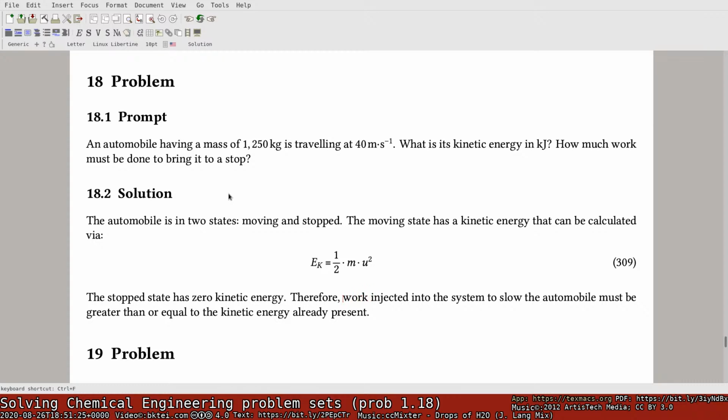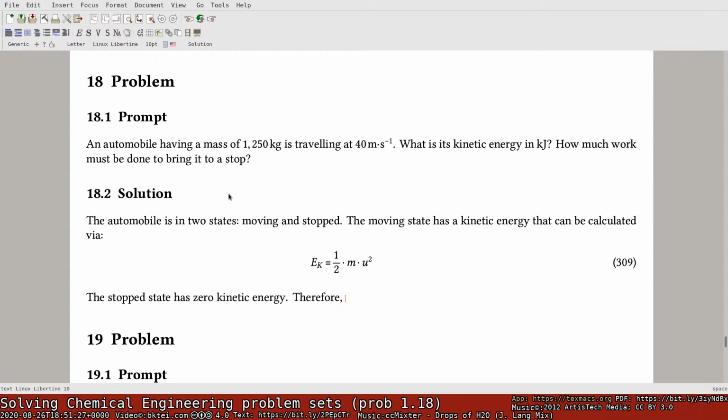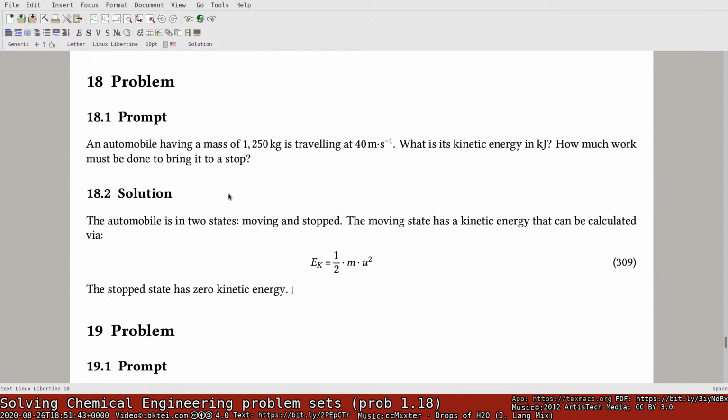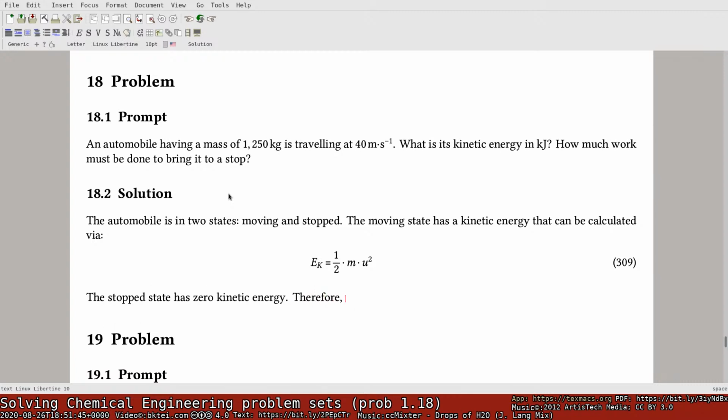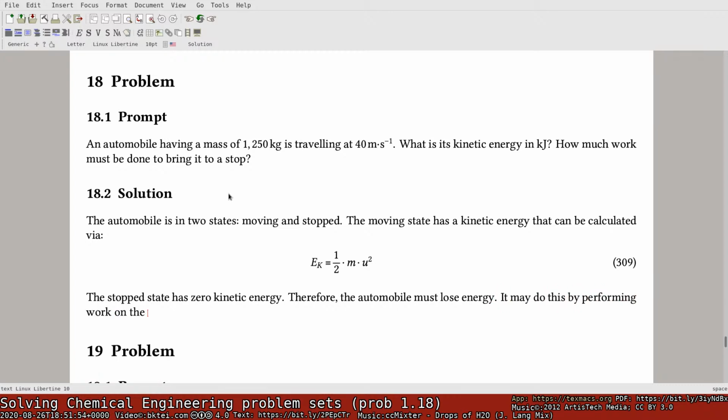Well, I guess it depends on what's doing the work. Automobile brakes, when they do their braking action, are bleeding energy from the automobile into the environment. Therefore, the automobile must lose energy. It may do this by performing work on the environment.